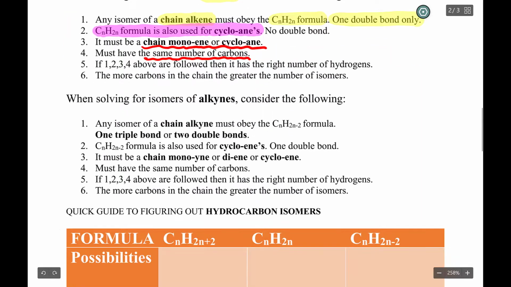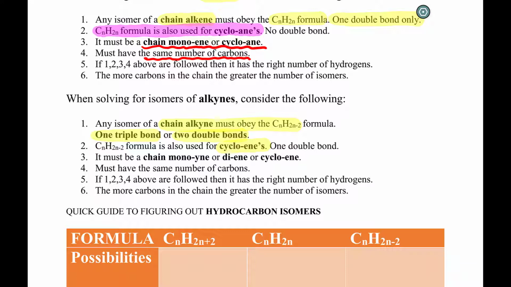Now, alkynes have more possibilities, and so it gets more complicated. A chain monoyne has this formula of CnH2n minus 2, which could be one triple bond or two double bonds or a cycloalkene. So there's a wide variety here of things that it could be.